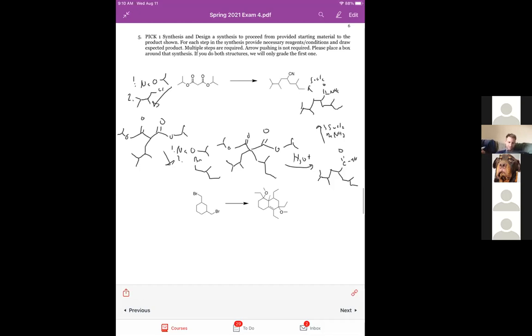I want to say a lot of people didn't pick this one. Our other one, I think is less scary than it looks. So if we add in base, we can eliminate these. Oh yeah, that's what this was. This one was very similar to something we did, I gave a bunch of practice problems for these. Adding in base.